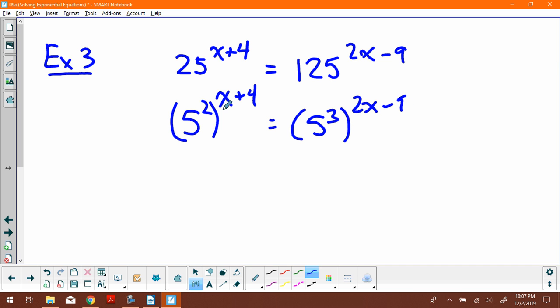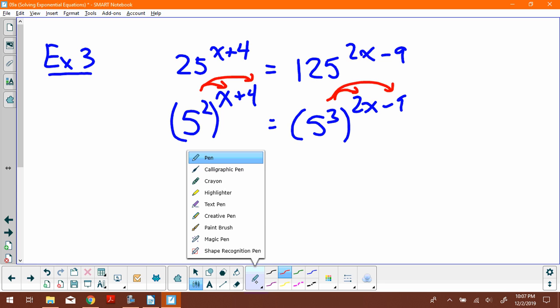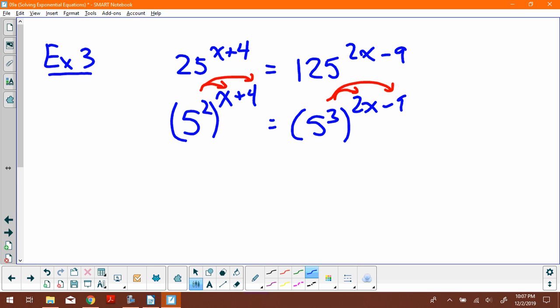Now we'll expand our exponents through. I have to expand this in, and similar on the other side. So I'm going to have 5 to the power of 2x plus 8 equals 5 to the power of 6x subtract 27.